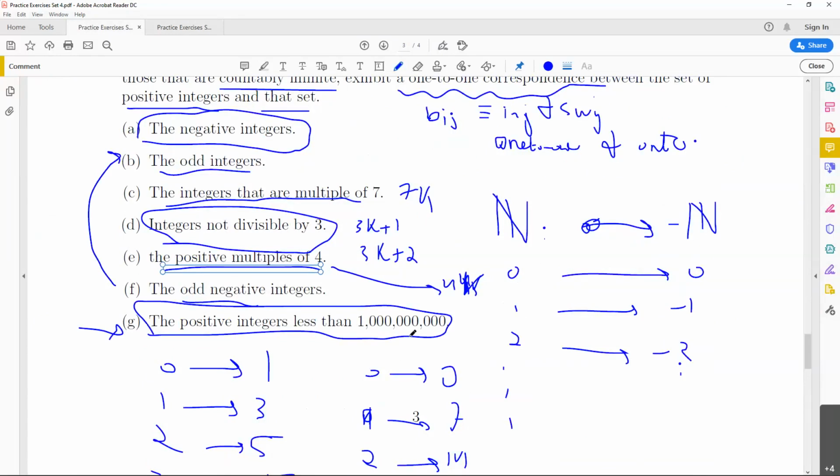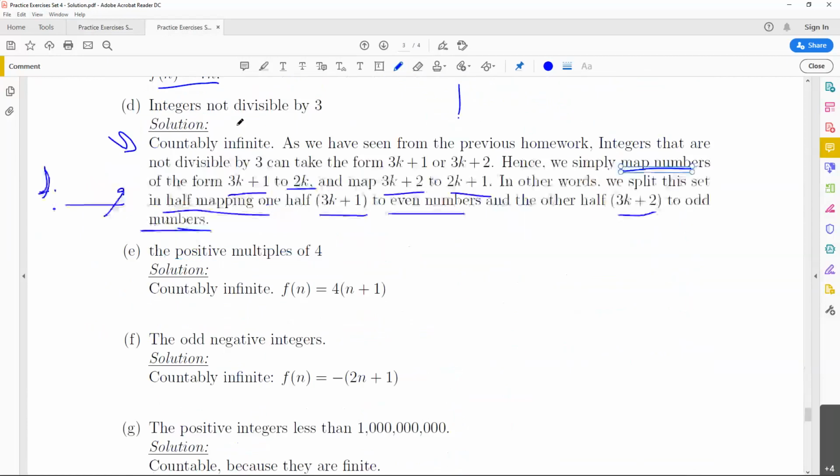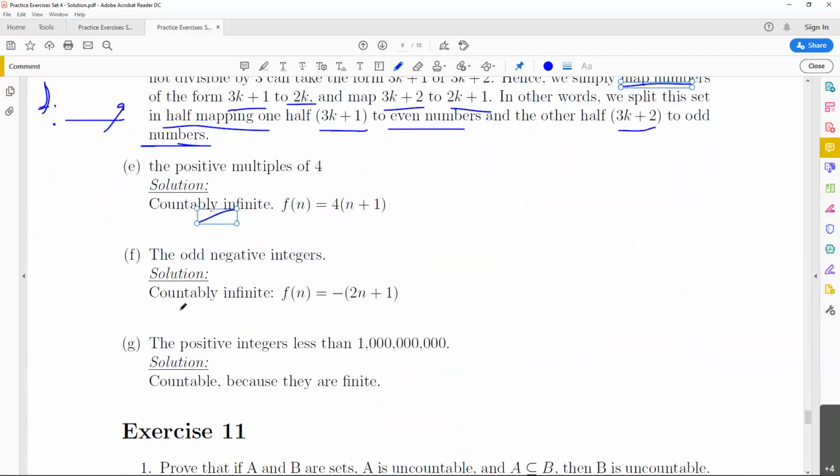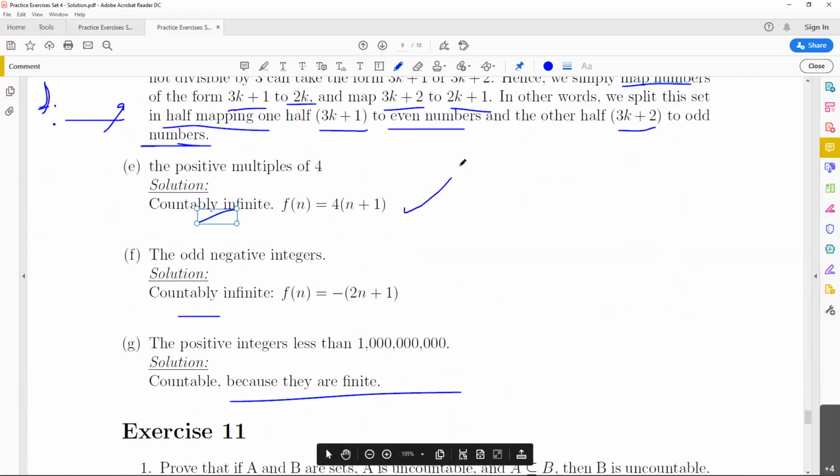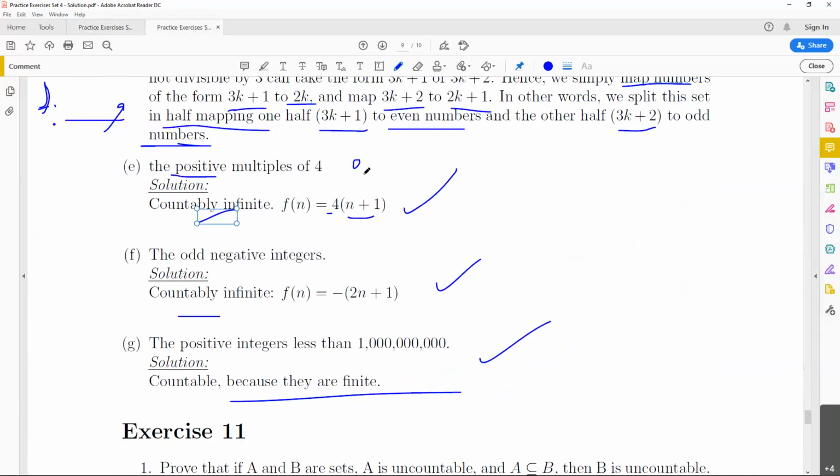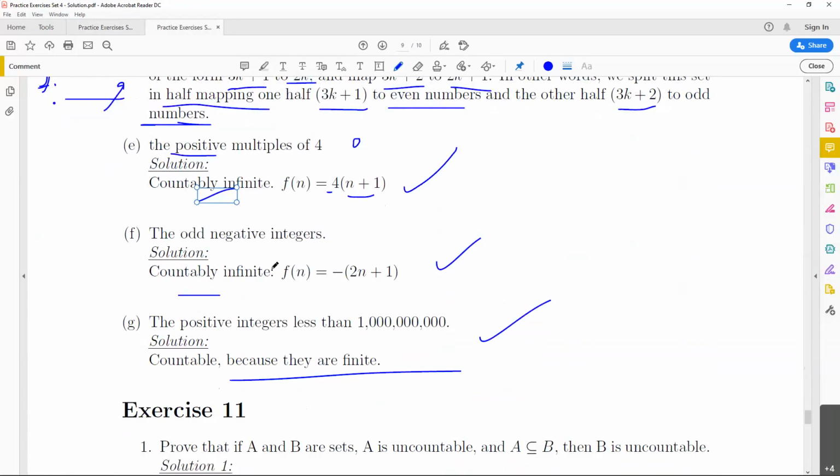Positive numbers that are less than 1 million. It's going to be something that's finite. Okay. 4 times n plus 1. So they're assuming 0 is not a multiple of 4. Positive, no, that's not. Odd negative integers, okay.